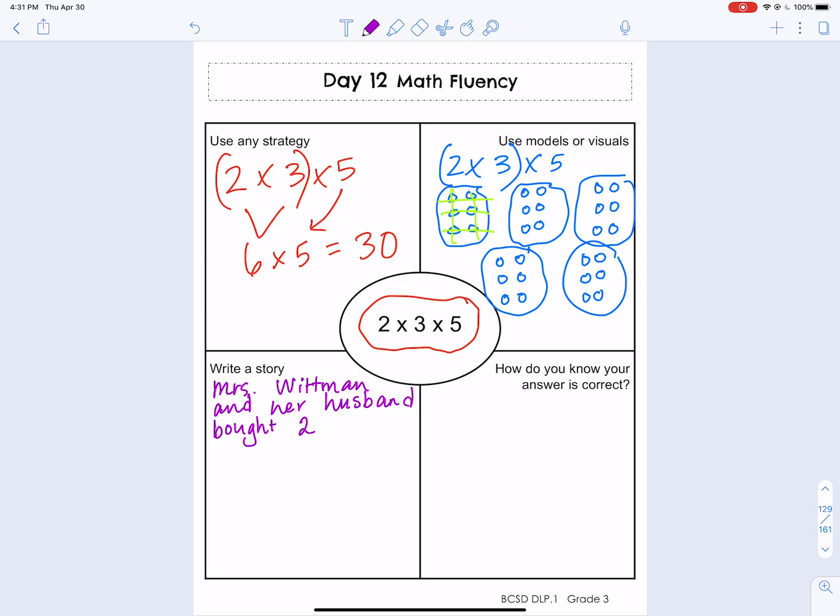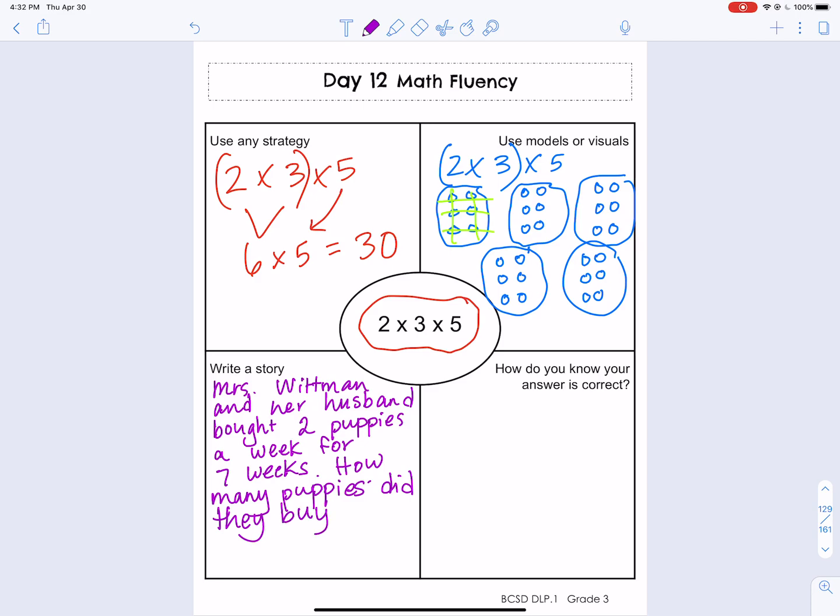let's just do 2. We don't want to get out of control here. 2 puppies a week for 2 puppies a week for 7 weeks. How many puppies did they buy?